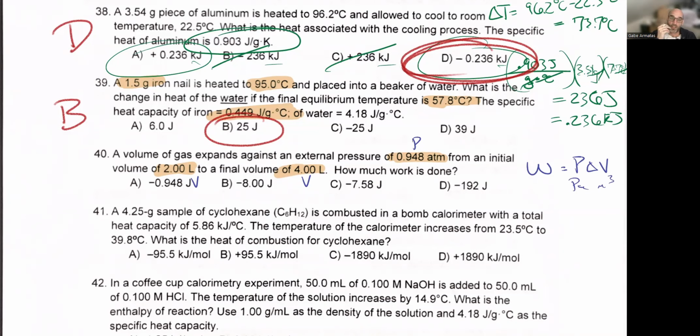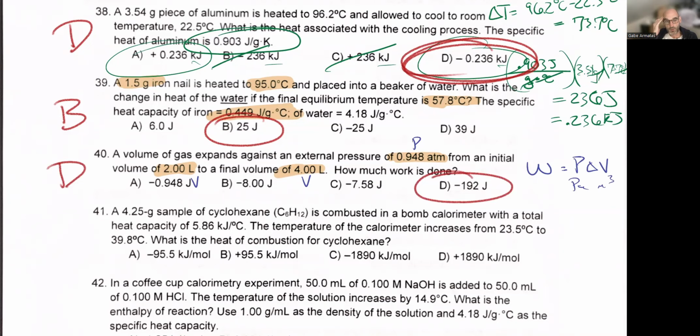It's annoying, but your delta V and your pressure, that's essentially what you're looking for. Yeah, so I'm not sure exactly. In any event, that's the math that you're going to do, and it's been long for me. So 40 is going to be D.